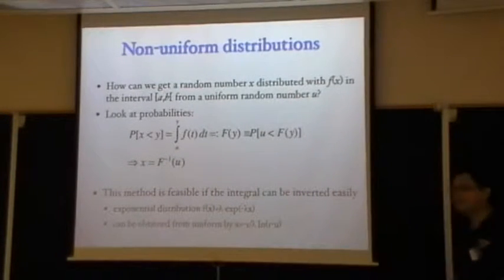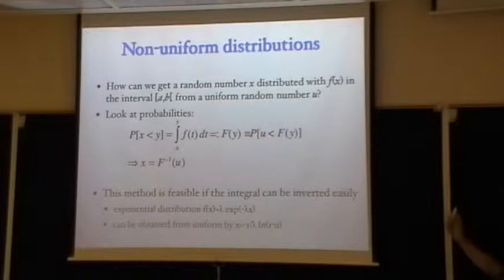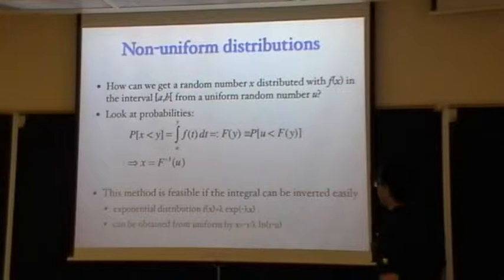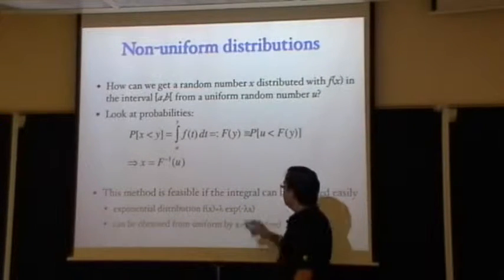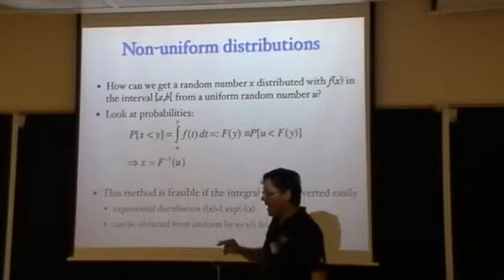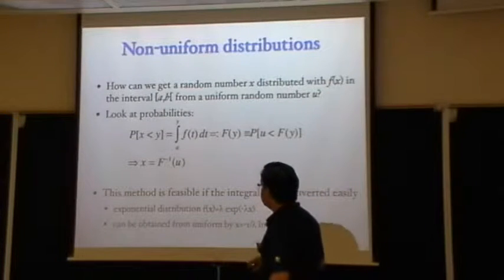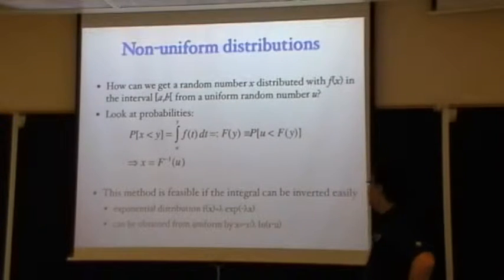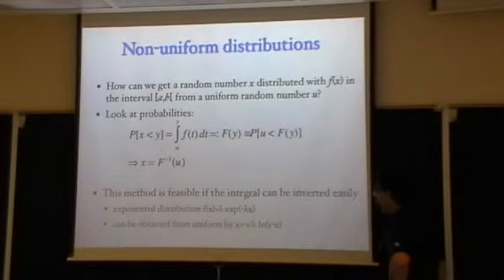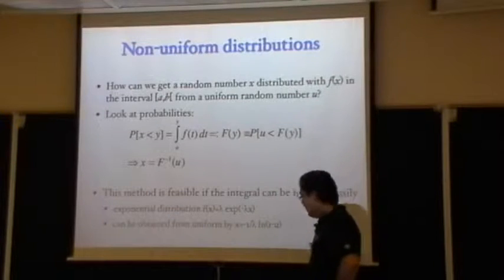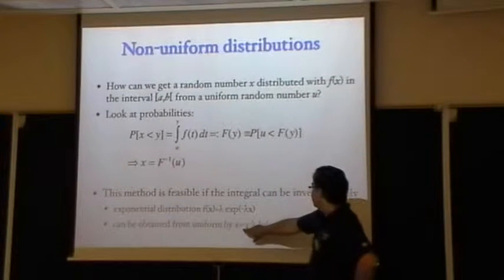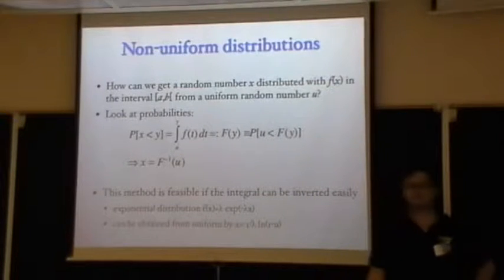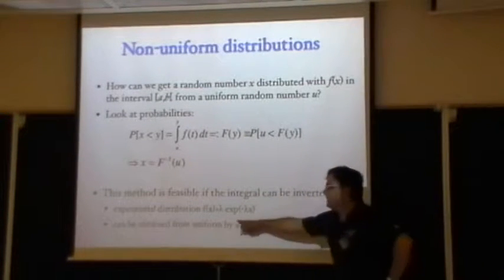So for any distribution f, if you can analytically integrate and invert it, you can get an f distributed number that way. For example, for an exponential number, it's just minus 1 over lambda times log of 1 minus a uniform number. That's the equation you need.